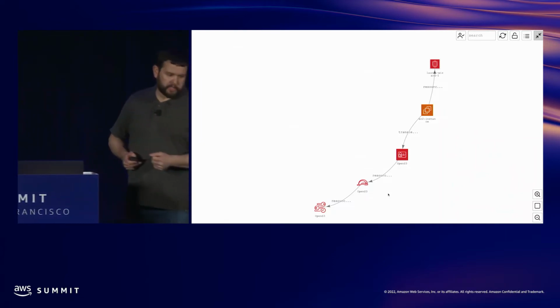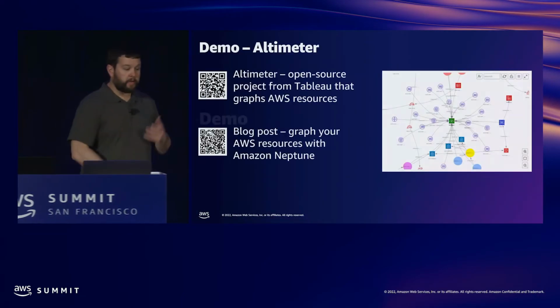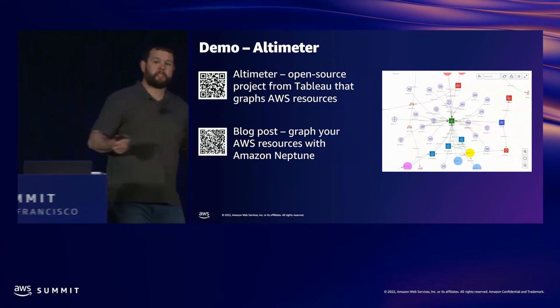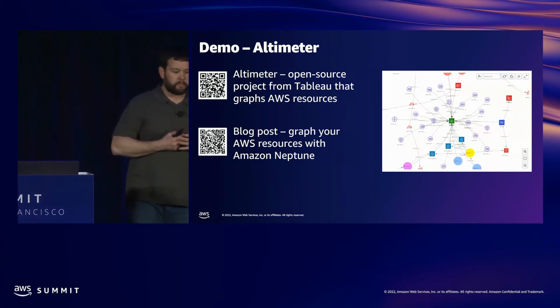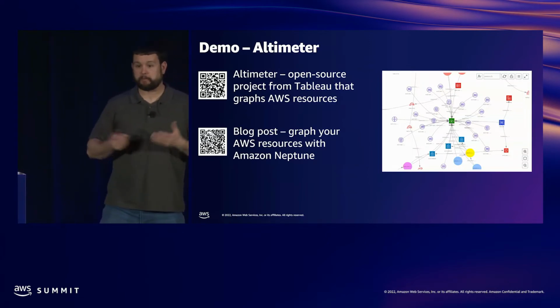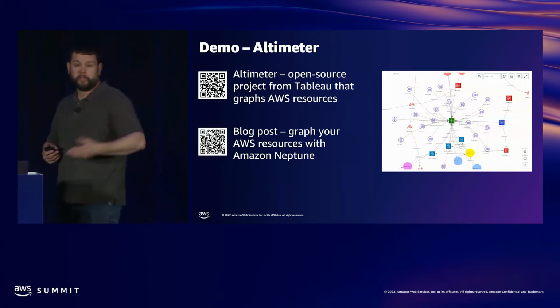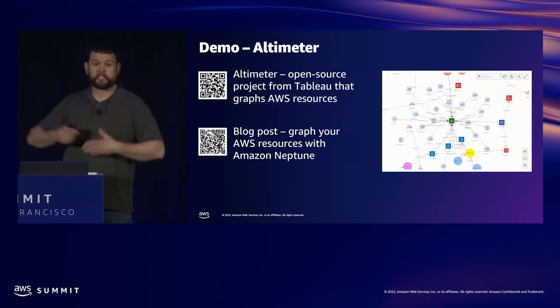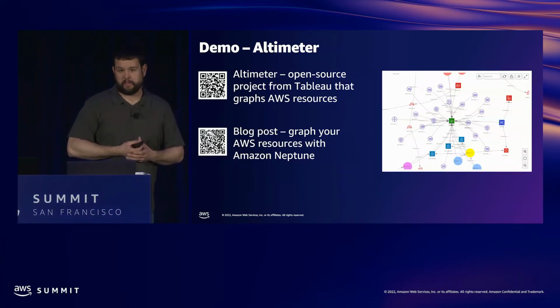If you're interested in the tools I used here, the tool I used to create this graph is a tool called Altimeter. Altimeter is an open source project that is backed by Tableau. What it does is it uses Boto3, the Boto3 Python client, to scan your AWS account and build a graph of that account.